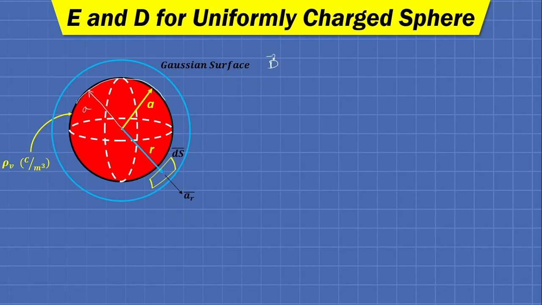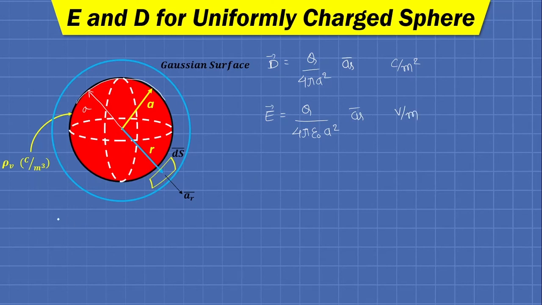So for D bar, previously we got q upon 4 pi r square ar bar. For this case we replace r with a, which gives q upon 4 pi a square ar bar coulomb per meter square. A similar change will be there in the equation of E bar: q upon 4 pi epsilon naught a square ar bar with unit volt per meter.